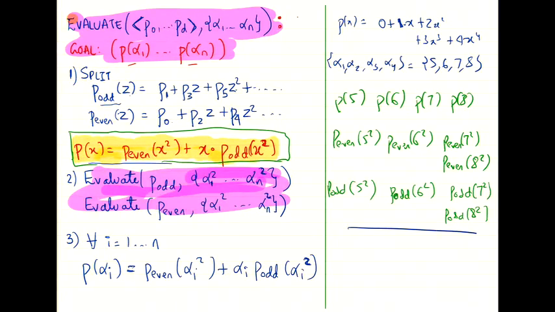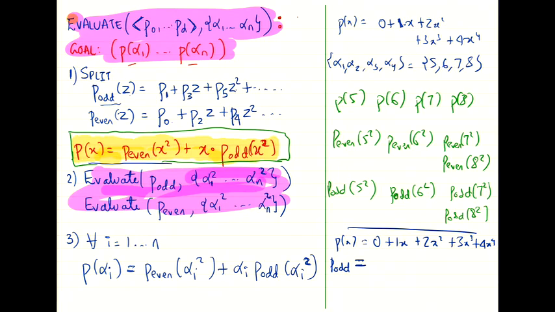So if P of x is 0 plus 1x plus 2x squared plus 3x cubed plus 4x to the 4, then P odd is obtained by taking all the odd degree coefficients and putting them in a polynomial.